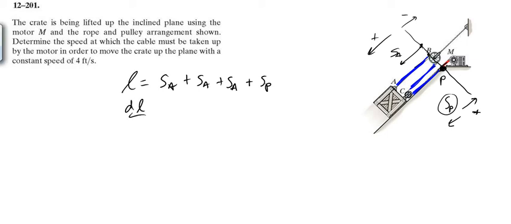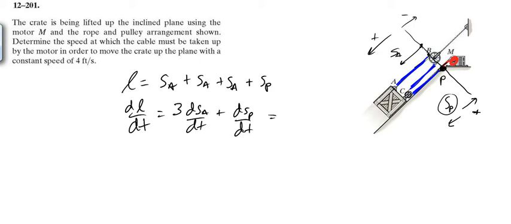So dL/dt is going to be 3 dSA/dt plus dSP/dt. And the length of the rope is not changing. As this pulley pulls up, it's just going to wrap the length around here, so these blue segments turn into red segments wrapped in that motor.